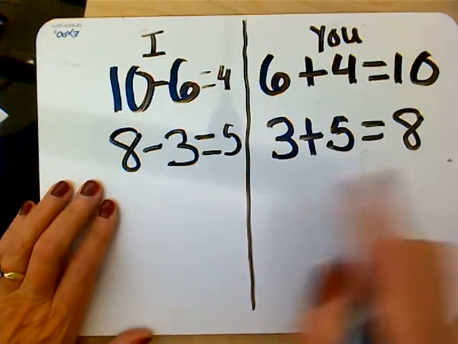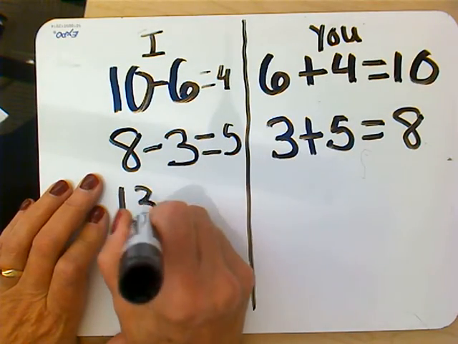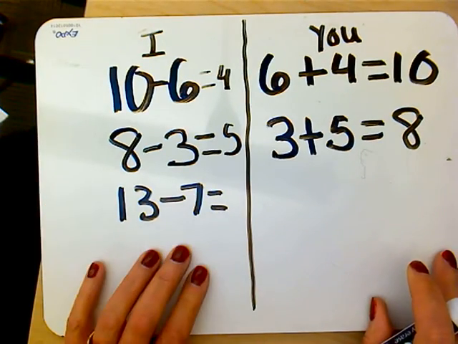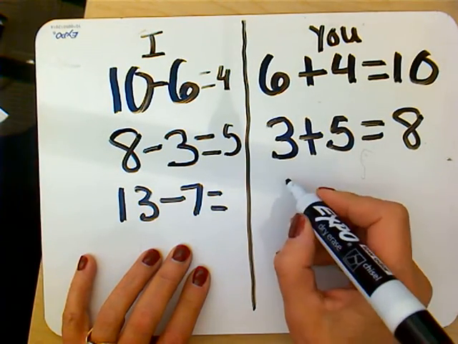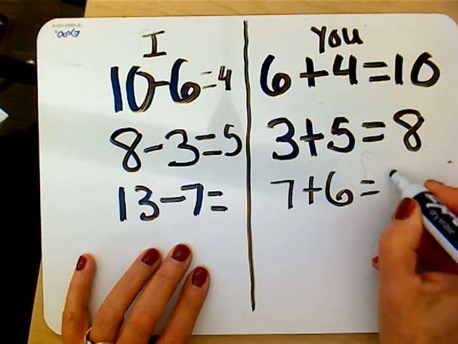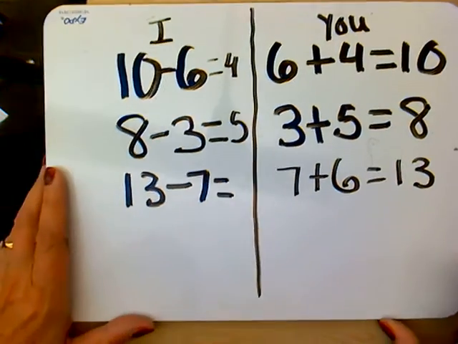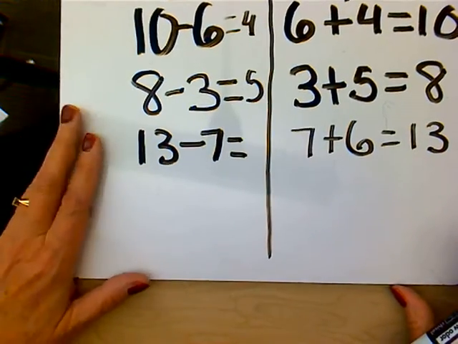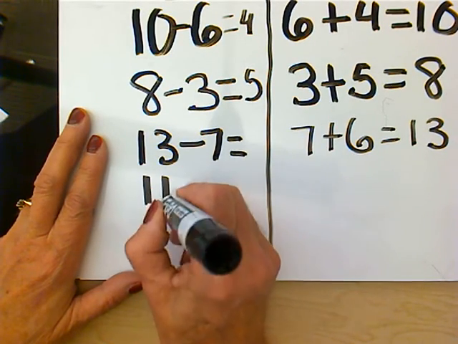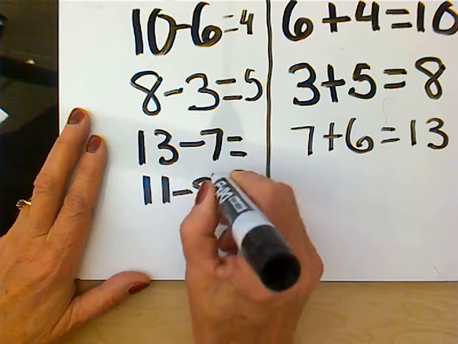So I will say 13 take away 7. You're going to tell me the related fact, which would be 7 plus 6 equals 13. All right, are you getting the idea? Okay, here's my fact. You're looking for the related fact. 11 take away 8.